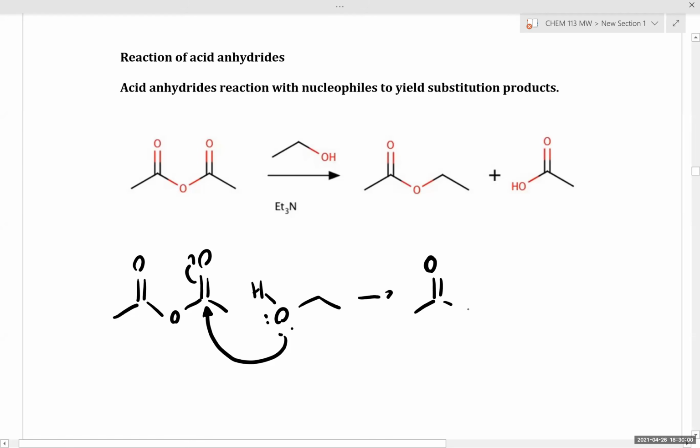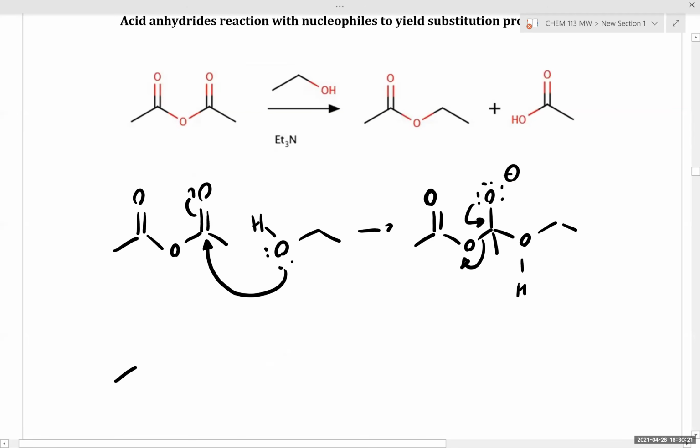From here, we'll generate a tetrahedral intermediate. And then this tetrahedral intermediate will collapse and we'll lose our great leaving group, which is acetate. From here, our desired neutral ester will then be isolated after deprotonation of our product.